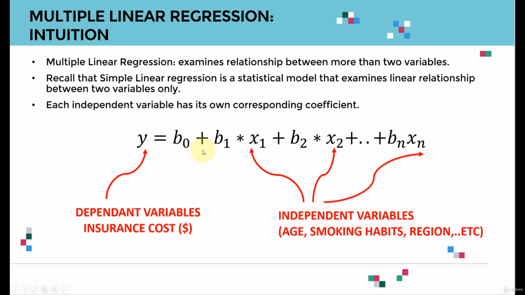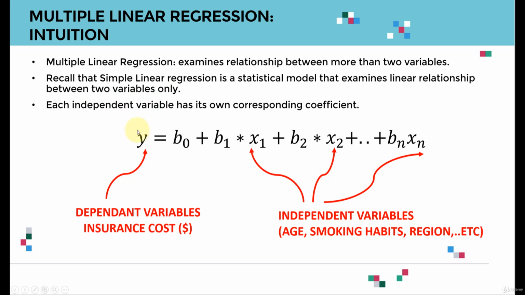And then I have the multiple coefficients as well, depending on how many variables I have in this case. So multiple linear regression examines the relationship between more than two variables. And recall that simple linear regression is a statistical model that examines the linear relationship between only two variables.